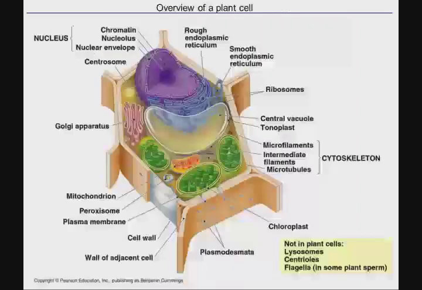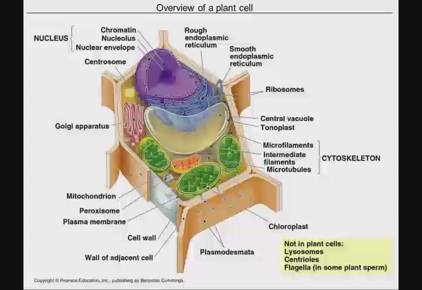Now, the other thing that we want to think about are vacuoles. And vacuole is a general term that we use for storage. Basically, when we don't know what to call something else in the cell, we call it a vacuole, except for one major organelle in plant cells, and that is the central vacuole. When we talk about the central vacuole, we're talking about a very specific, very large organelle in plant cells.